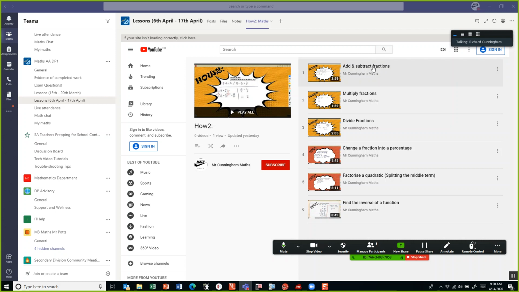If you need a recap on how to add or subtract fractions, how to divide fractions, I'm going to be putting this stuff on here. So if any of this applies to you, I suggest you go back. This one is only 4 minutes long. How to find the inverse of a function, this is something that we did last term.